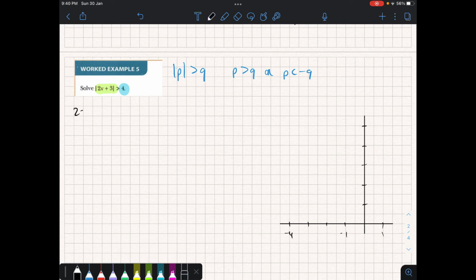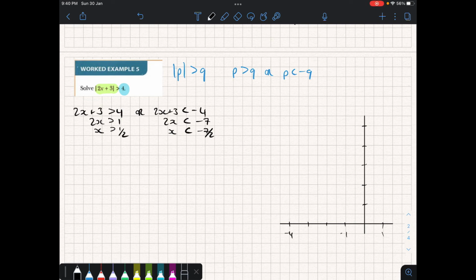Algebraically, we want to look where 2x plus 3 is greater than 4, or where 2x plus 3 is less than minus 4. And so we'll get 2x greater than 1 and x greater than a half. Or alternatively, we'll have 2x is less than minus 7 and x is less than minus 7 over 2. So there we have our two solutions.